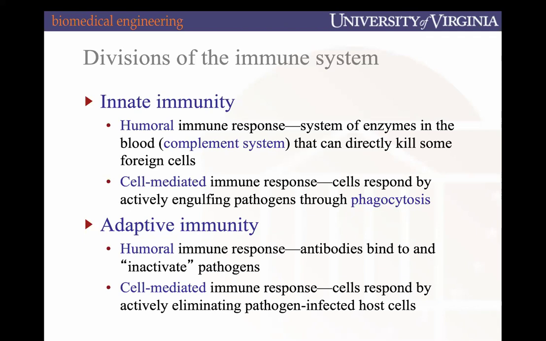The cell-mediated component are specific cells that respond by eliminating whatever cells have been infected by some sort of virus, or sometimes a cell that has undergone some sort of transition, potentially becoming a tumor cell. And so that's the main breakdown at a high level of our innate and adaptive immune cells here.